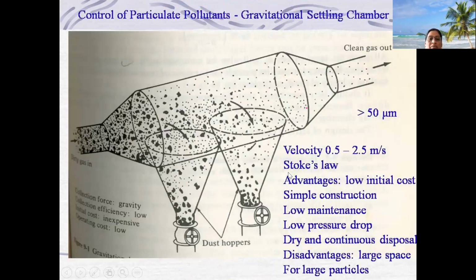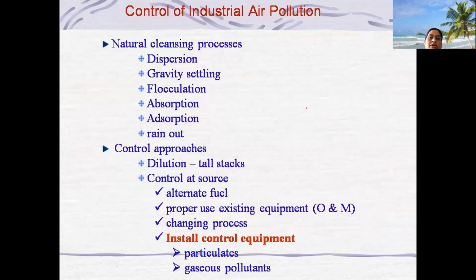For particulate matter there are different equipments, and for gaseous pollutants there are different equipments. Before that, please note down some more points I want you to note down, and then I will go to the actual equipments.